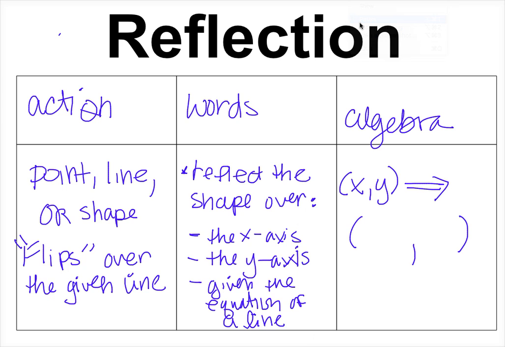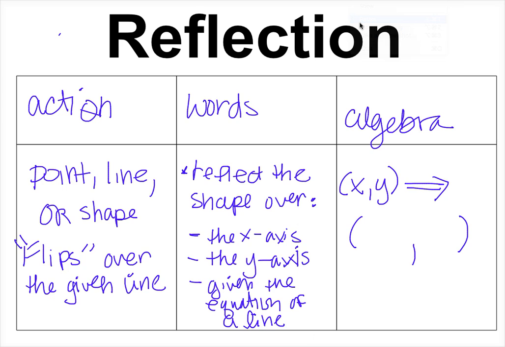And because the movement is vertical, our y-coordinate is going to become the opposite. If you take a look at the y-axis reflection, it's a horizontal movement, so my x-coordinate becomes the opposite.